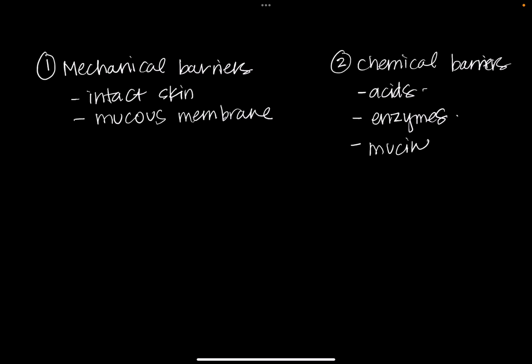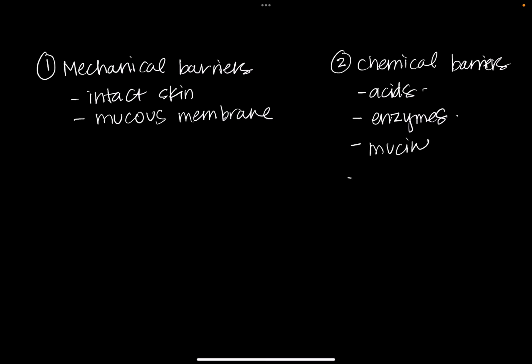So goblet cells produce mucin, which is a protein that helps make mucus. Mucin plus water makes mucus. And that mucus we find in our digestive tract, we find it in our respiratory tract, it's within our saliva, and that's going to help trap any bacteria, viruses, debris, anything that doesn't belong gets trapped in your mucus, and then hopefully you spit it out. Okay.